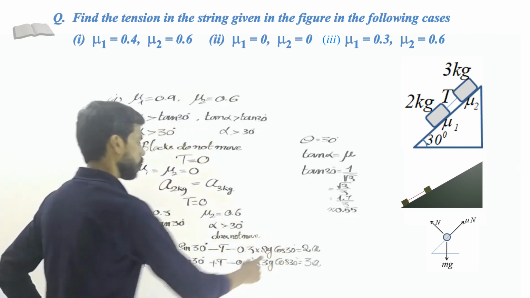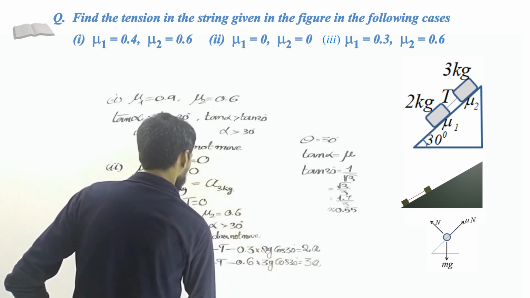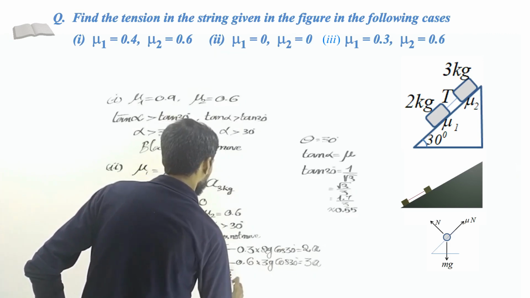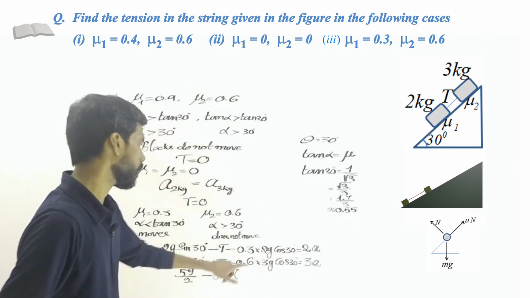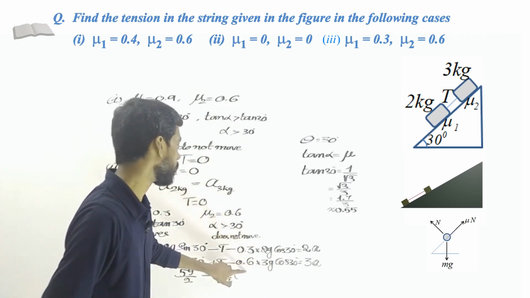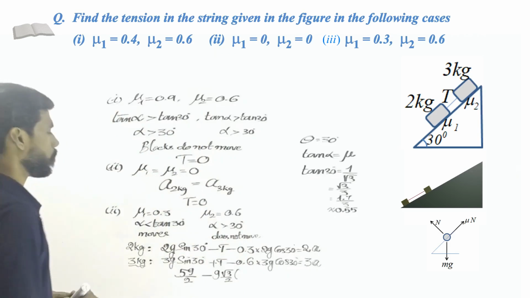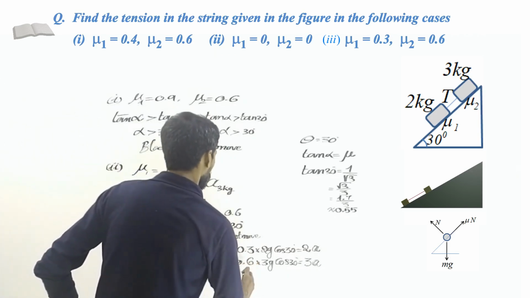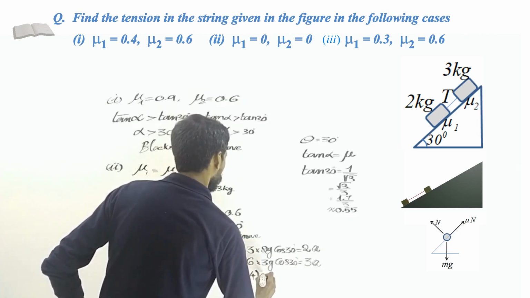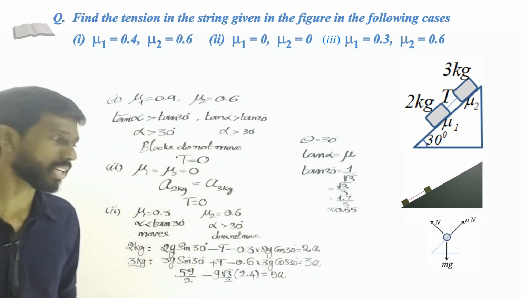So if you simplify, minus g root 3 by 2 taken out, you will get 2 multiplied by 0.3, so that is 0.6, and 3 multiplied by 0.6, so that is 1.8. So 1.8 plus 0.6 is 2.4. So 2.4 equals 5a. So that will give you the acceleration of the object.